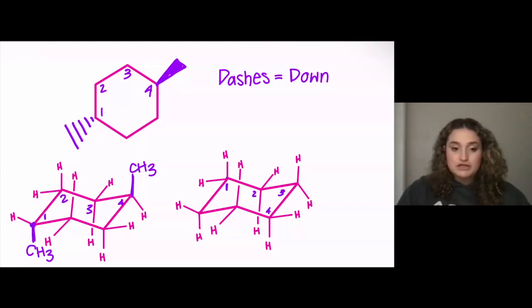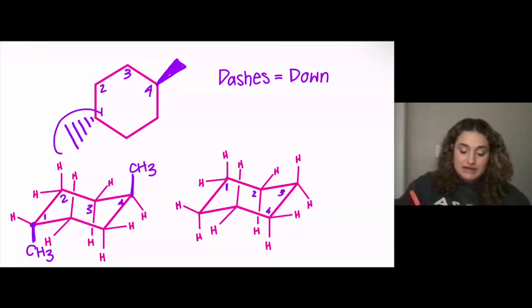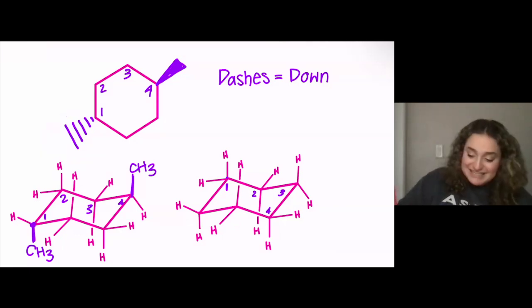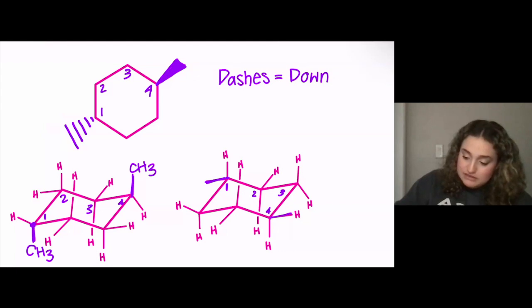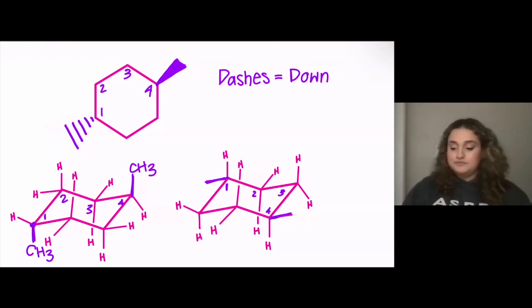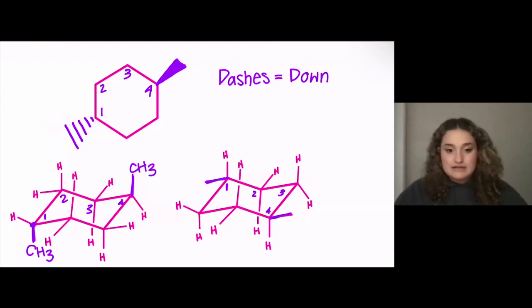Our substituent going down. So again, this guy, it is going down. So now this one is my methyl. And then on carbon 4, the one going up is also equatorial. Do you see that? This is equatorial.